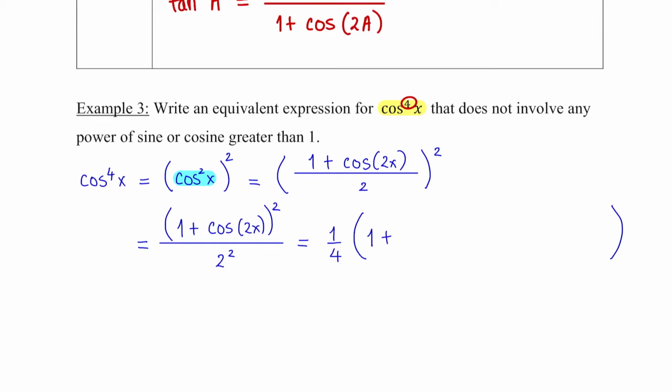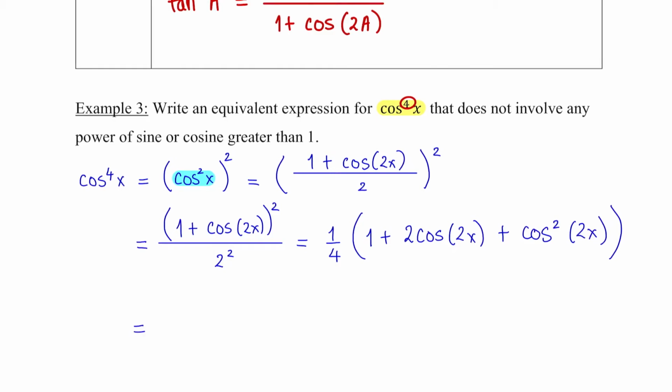I will have 1 plus 2 cosine 2x plus cosine square 2x. So I'm good with the first term. I'm good with the second term because this is cosine to the first power. I'm not happy with this guy right here. This has the second power. But again, I'm only allowed to have sine or cosine to the first power.